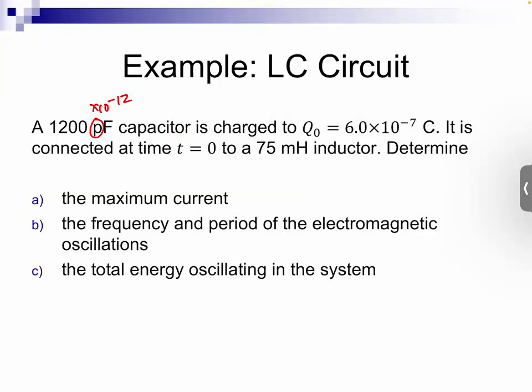It's initially charged to this value, so we can take this as the maximum charge that is stored across the capacitor plates. It's connected to a 75 millihenry inductor, milli being 10 to the minus 3, at the initial time t equals 0. And we want to find these things.